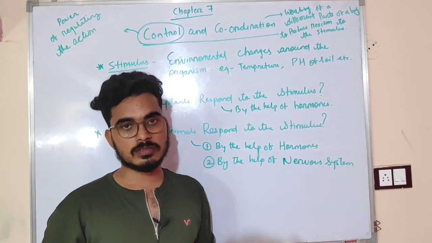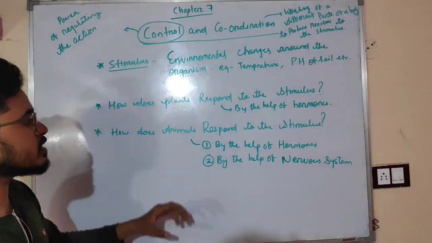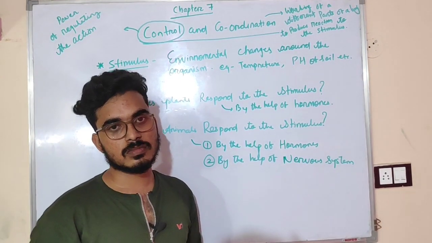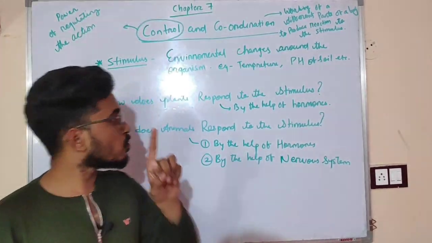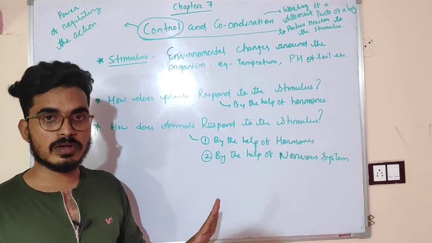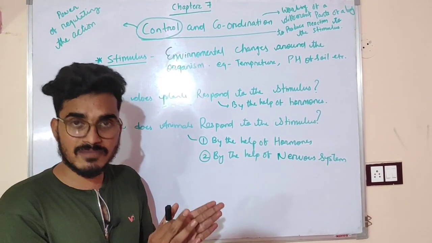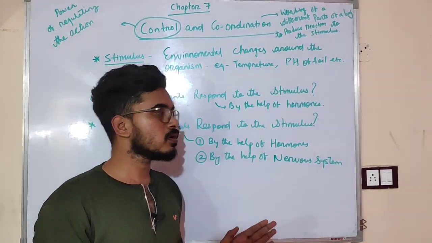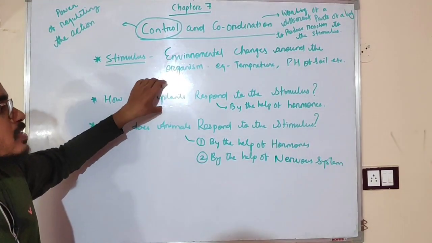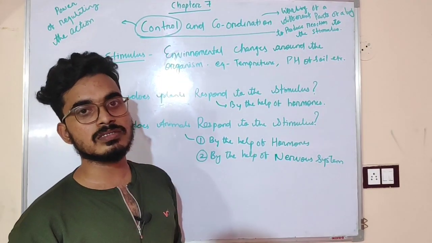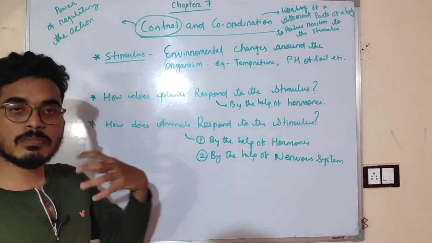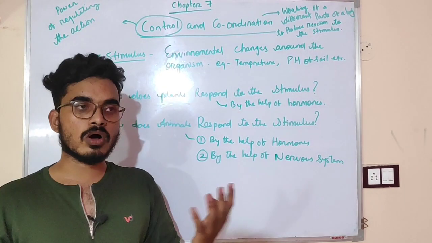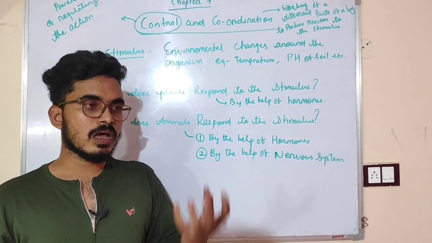Now let us understand how the plant responds to the stimulus, and also how animals respond to the stimulus. First, what is a stimulus? I have cleared that, you are clear with it, right? So how does a plant react to the stimulus? Basically there are some hormones in the plant body, like auxin, gibberellin, cytokinin, abscisic acid.